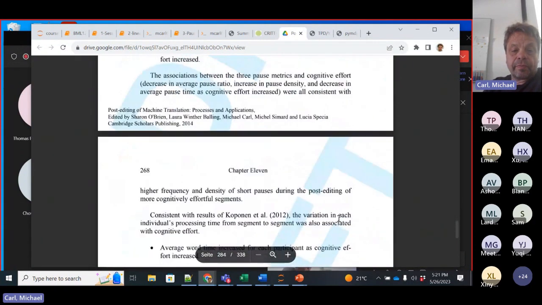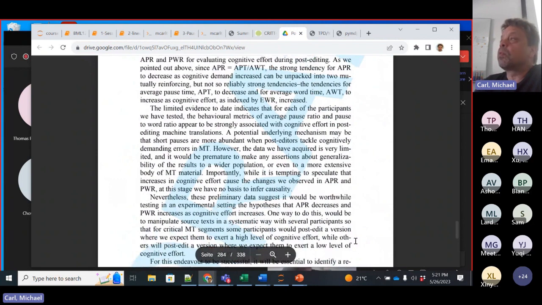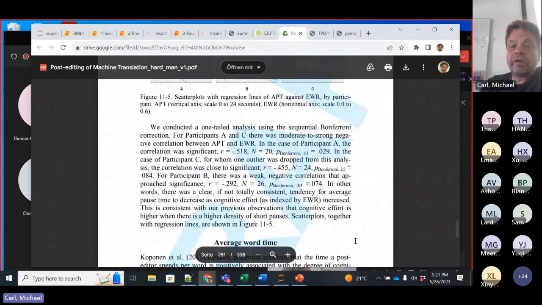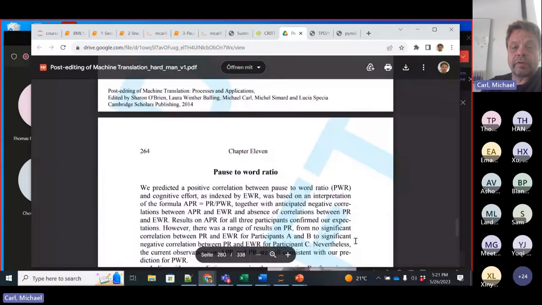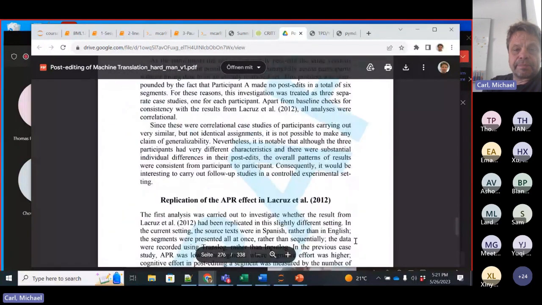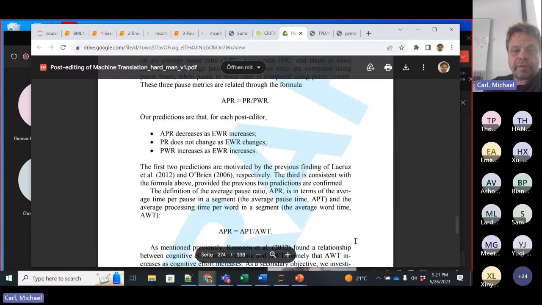My conclusion from this, and we use these different measures quite a lot, is that the pause to word ratio, this PWR, is the most interesting, the measure that predicts cognitive effort best.